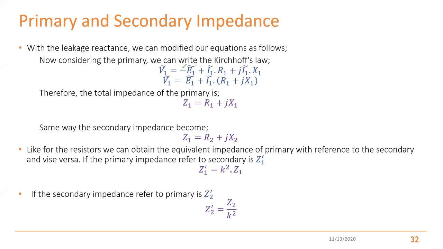With the inclusion of the reactances, we can write the Ohm's law like this. Then you can understand that the total impedance of the primary Z1 can be written as R1 plus jX1. The same way, the secondary impedance becomes R2 plus jX2.